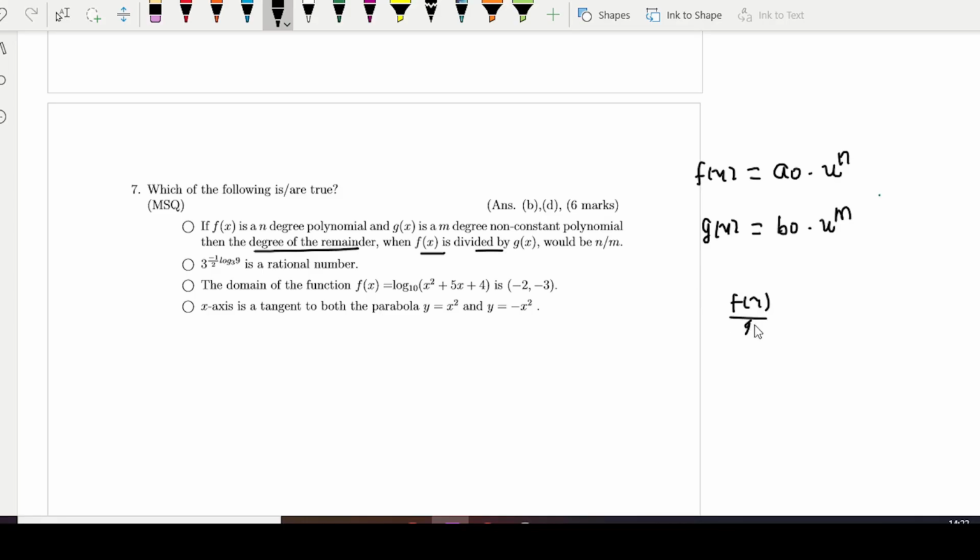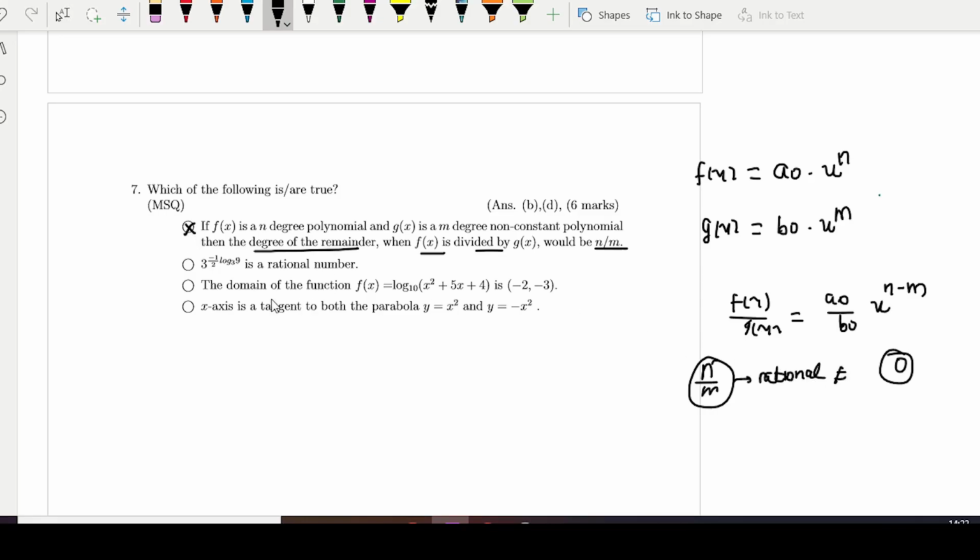So f of x divided by g of x will be equal to a naught by b naught x to the power n minus m. It is stating that it would be n by m. In this particular case the remainder is 0, so it is not equal to n by m. It will give some rational value but not 0, so this statement is incorrect.